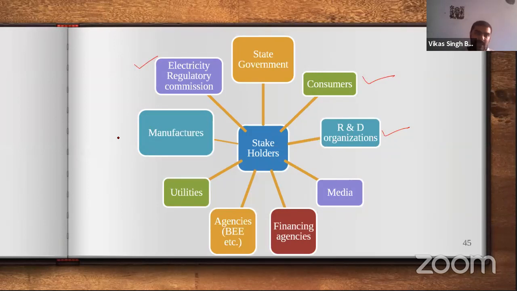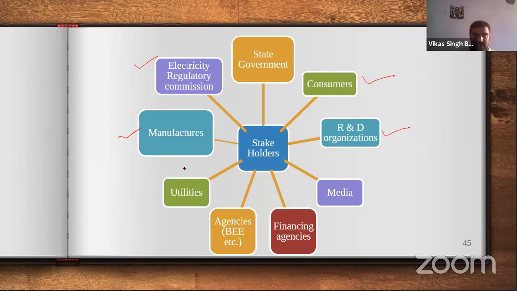Then manufacturers should decide that they will not produce non-energy efficient devices. If manufacturers produce only energy efficient devices, then automatically one part of DSM, the use of energy efficient equipment, can be achieved.